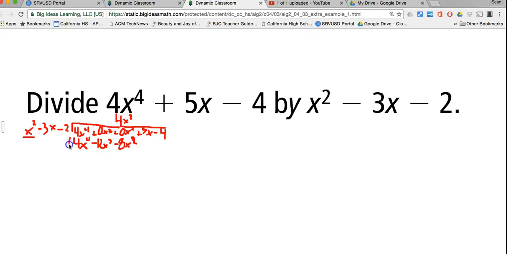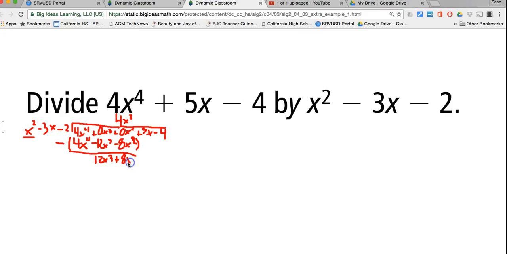Now, even though these terms up here started as 0, we still need to factor them in so we can do our substitution here. Now remember, we're subtracting this whole thing. So 0x cubed minus negative 12x cubed gives us positive 12x cubed. 0x squared plus 8x squared gives us plus 8x squared.